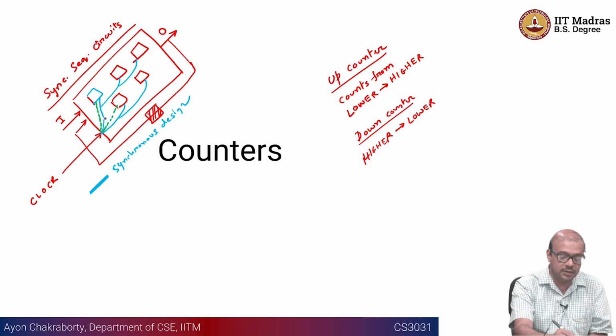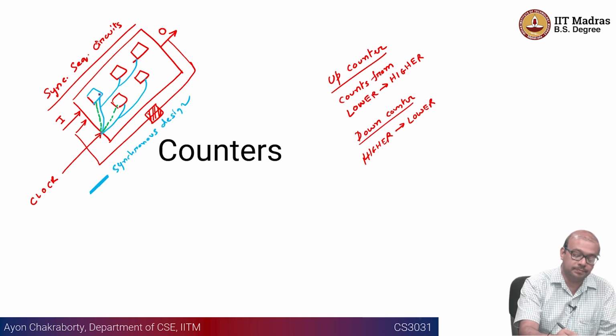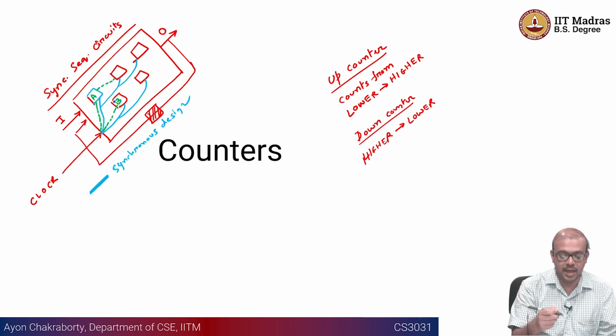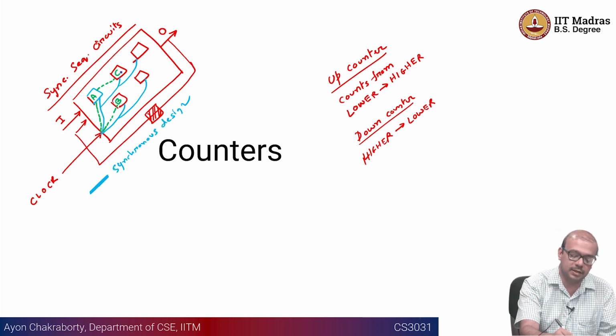The outputs of these flip-flops, which are directly connected to the clock, could be driving the clock inputs of the other circuits. So if I have A and B which are directly driven by the clock, A's output could be used as a clock input to C, and maybe B's output is used for a clock input to D. Maybe C's output or maybe D's output is used as a clock input to E, and so on.